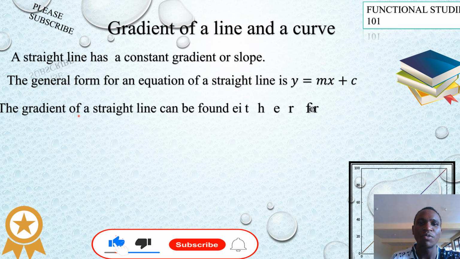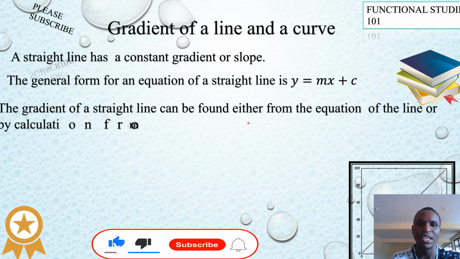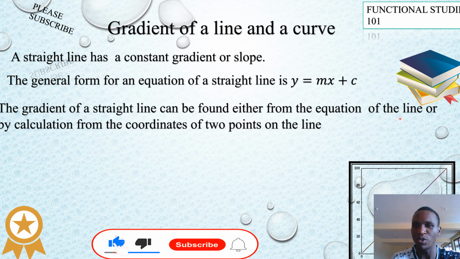Now, the gradient of a straight line can be found from the equation of the line. So if you have a straight line written in the form y equals mx plus c, directly you can read off the gradient, which is the coefficient of x, only when y has been made the subject. Take notes, because most students will make mistakes.